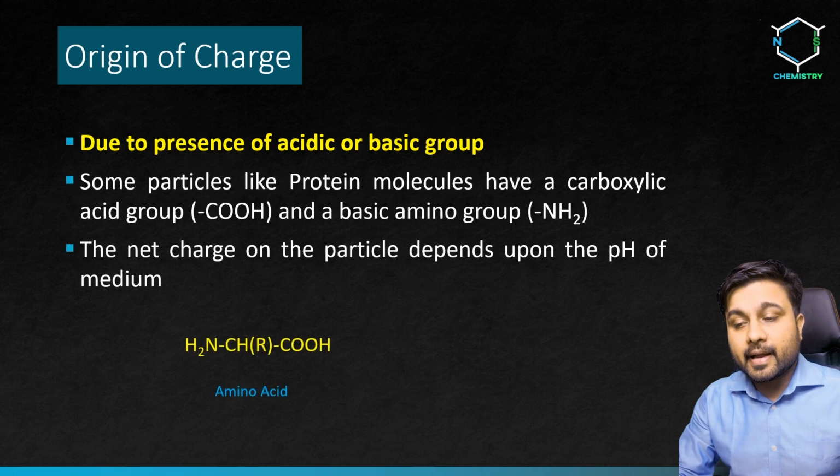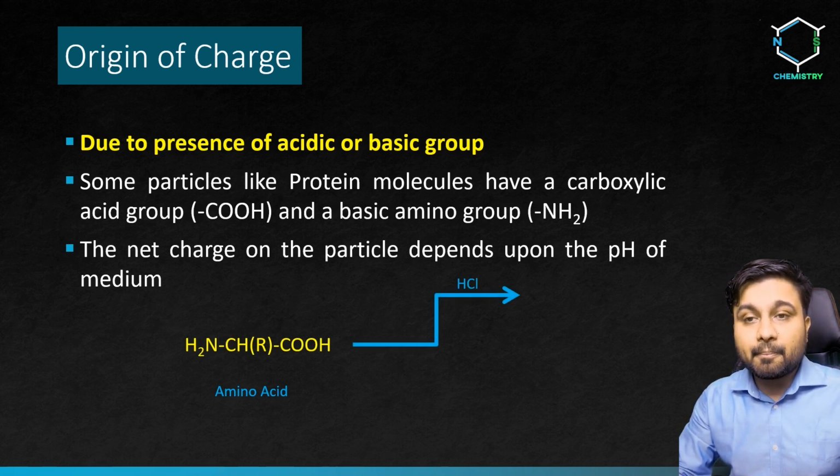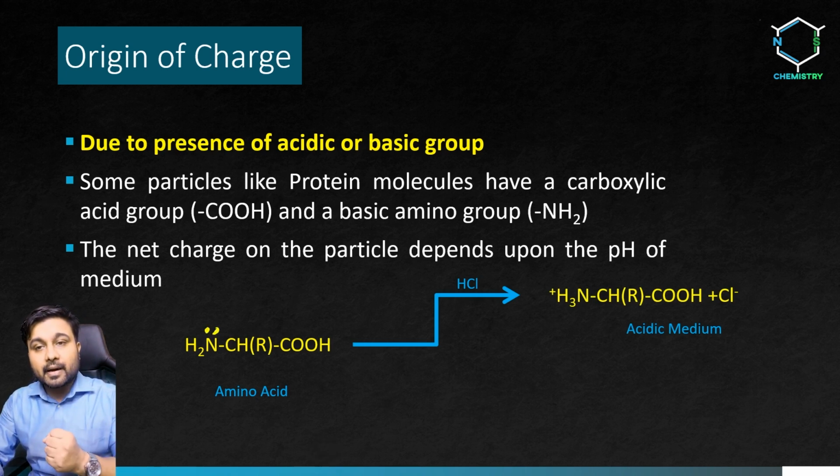For example, if we have an amino acid like this in acidic medium, what will it get? It will get H+ from its surroundings. So which group will be activated? The basic group. Here the base group NH2 will get H+. NH2 has a lone pair which can very easily abstract one H+ from its surroundings, and in an acidic medium H+ is very easily available, so it will get that H+ and become NH3+.